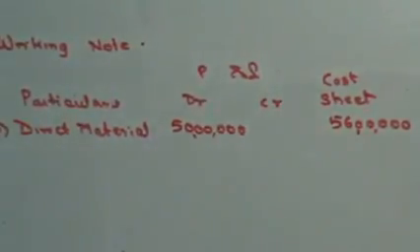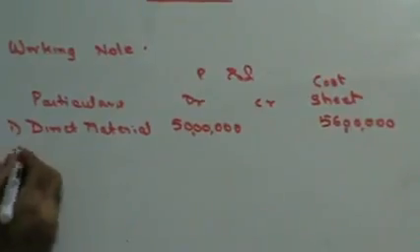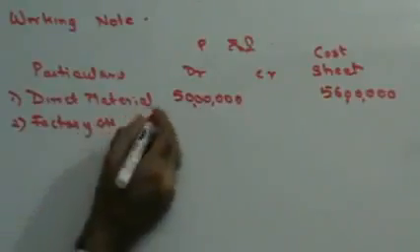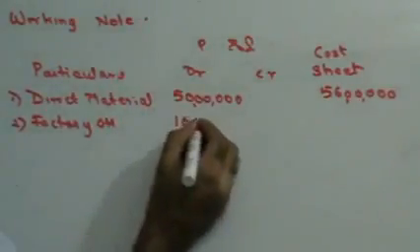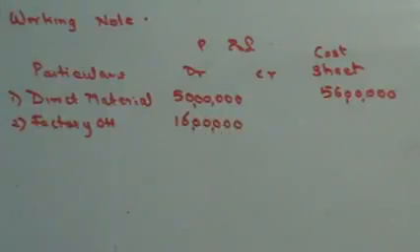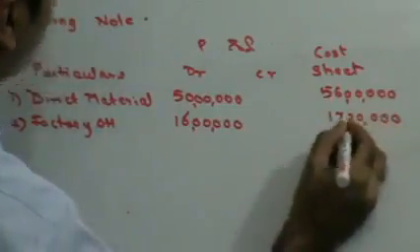Right? Then direct wages amount is same. Factory overheads is different. Factory overheads is 16 lakhs in P&L and it is 17 lakh 20,000 in cost sheet.